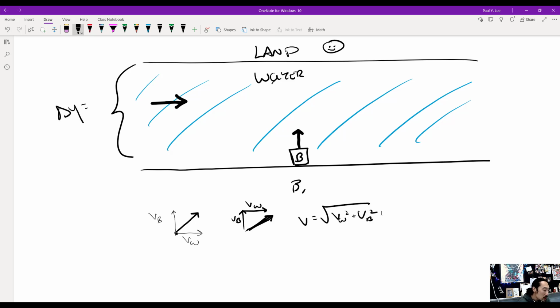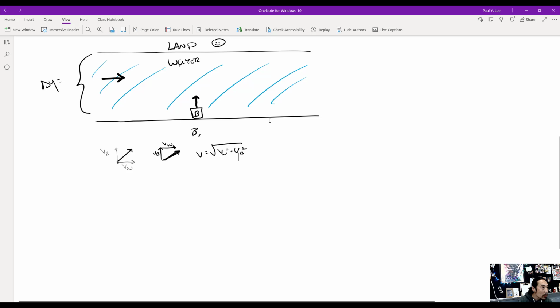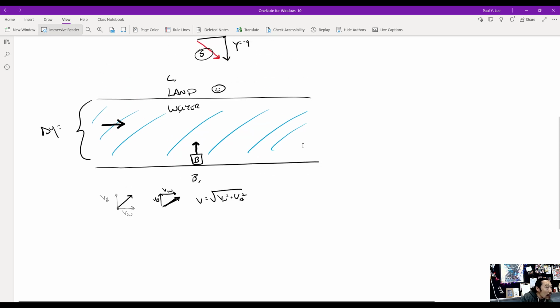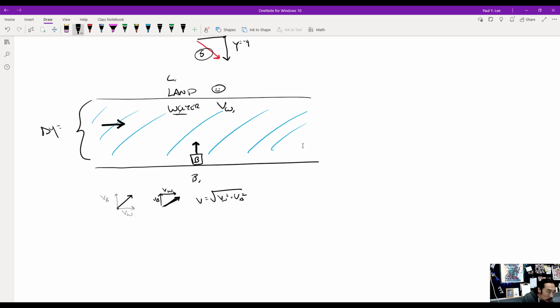This is how we would normally solve it if we're not using reference frames. But if we are doing reference frames, our math would look a little bit like this. Let me zoom out a little bit. Within this given problem, let's say the velocity of the water according to the land, the observer on land, is equal to 3 meters per second going to the right.